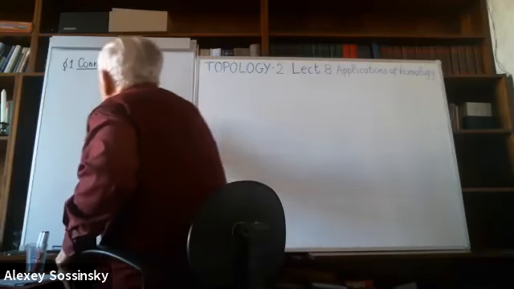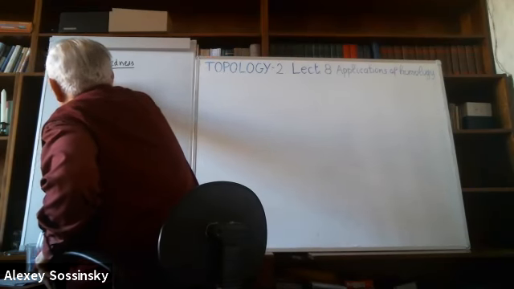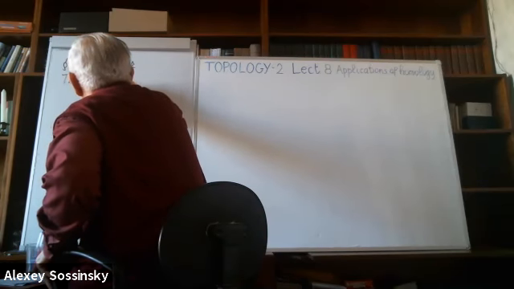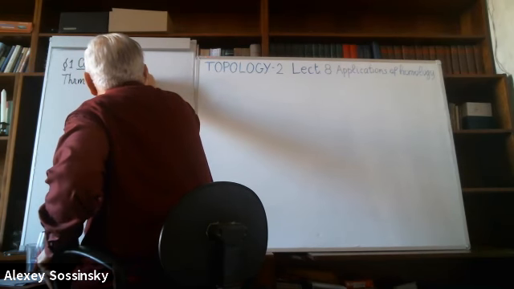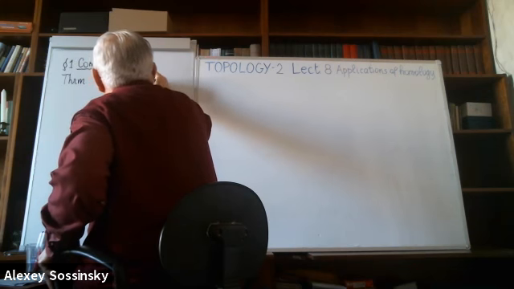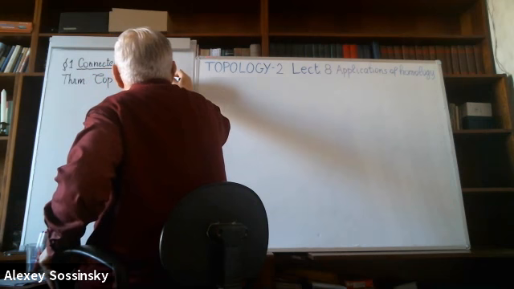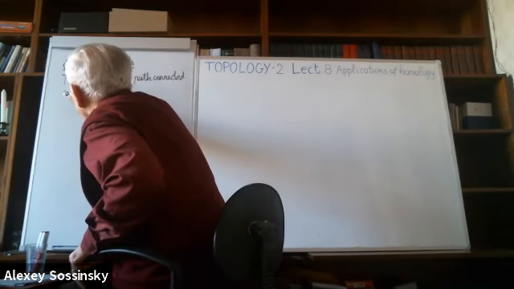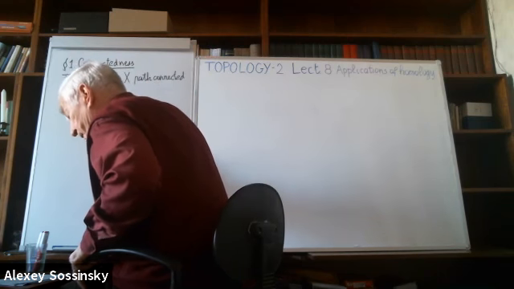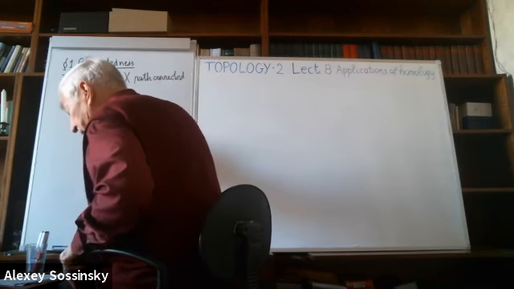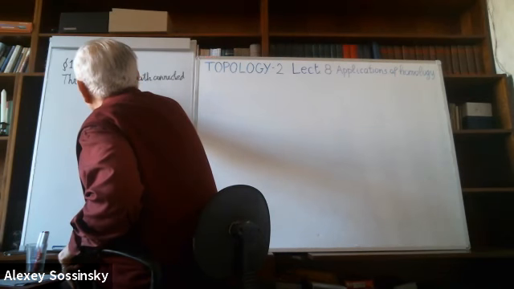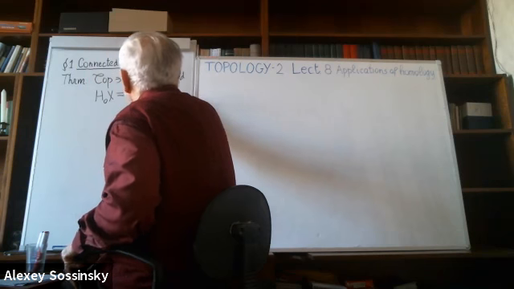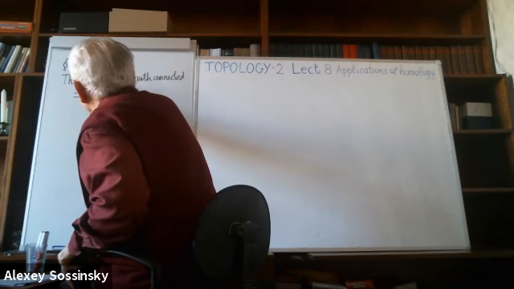We have the following simple theorem. If X is a topological space and is path connected, then we have H0 of X is equal to Z, and the converse is also true.